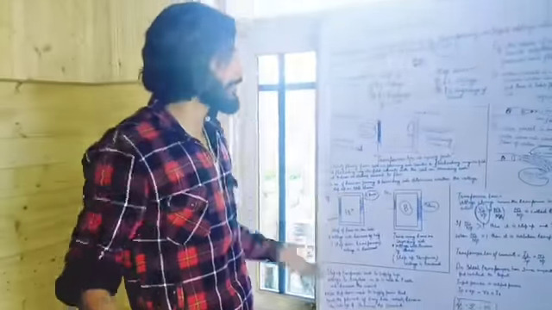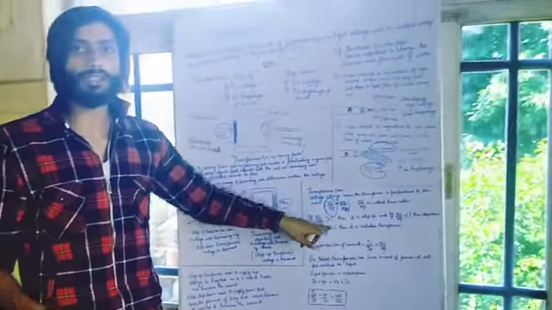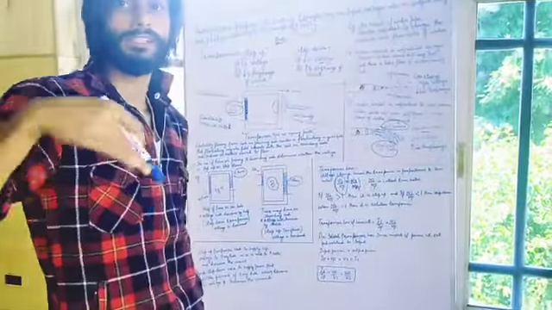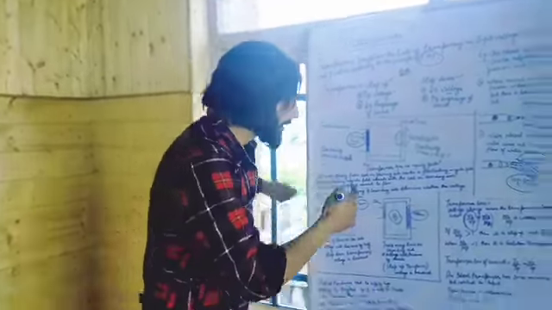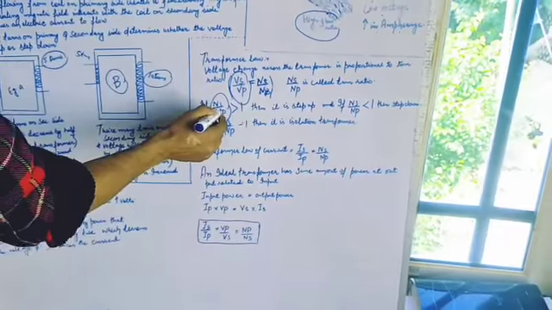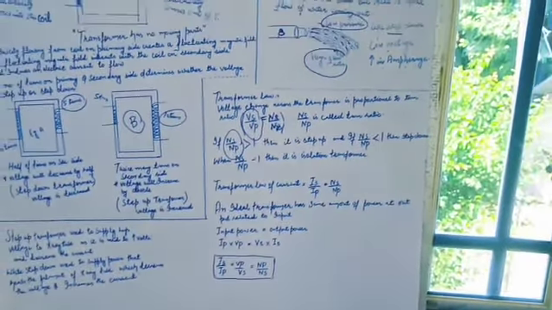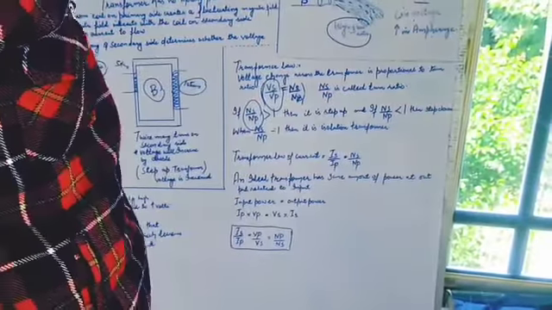Depending upon the turn ratio, we can classify transformers into step up, step down and isolation transformers. If the turn ratio, that is the number of turns on the secondary side divided by the number of turns on the primary side, is greater than 1, then it is a step up transformer.